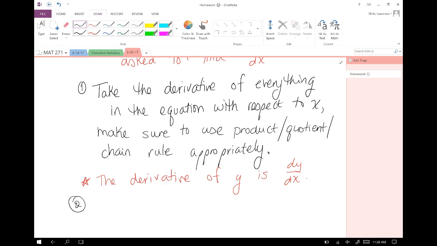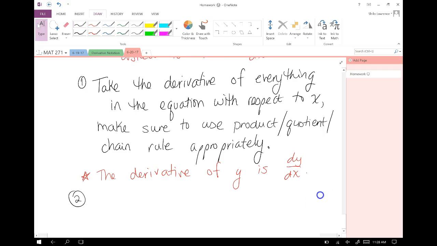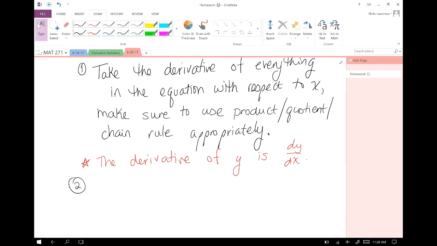If we're asked to find dy dx, our goal at the end is to have dy dx equals something. So once we apply all our derivative rules, we're just doing a bunch of algebra to get dy dx all by itself.